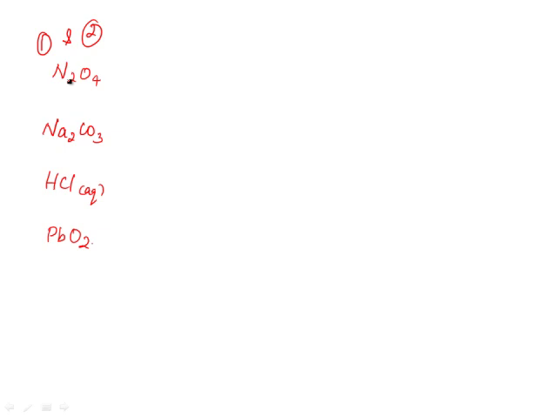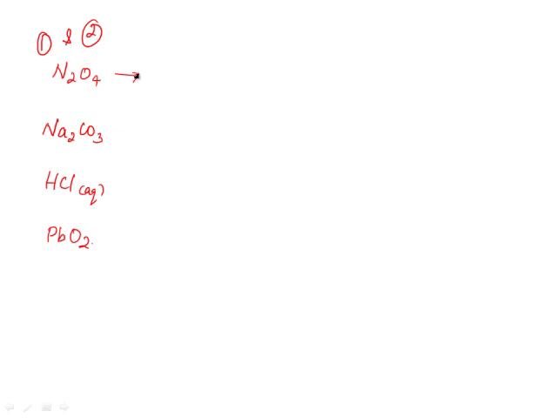Remember that. I won't ask you anything with more than 10, okay? So all we need to do is use those to specify the number of atoms of each element. And remember, the second element's ending will change to "ide."